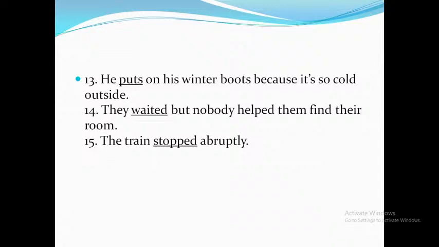So now just write down. You can easily write these 3. You please write down very quickly. Yes, number 13 onwards you start writing. He puts on his winter boots.